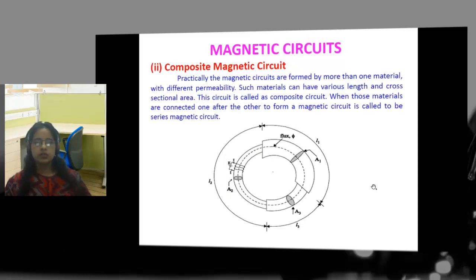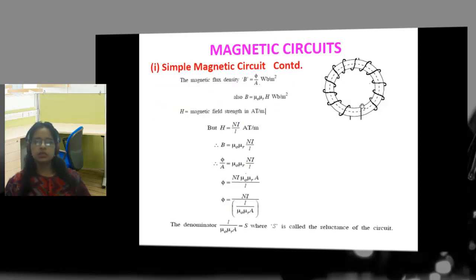Now, in case of a composite magnetic circuit, this is a closed ring. But the difference is that in the previous case, the whole ring is composed of iron and the cross-sectional area is the same for the overall ring.